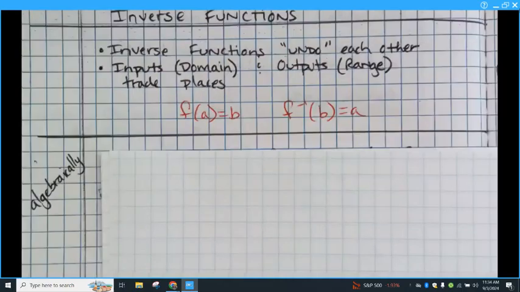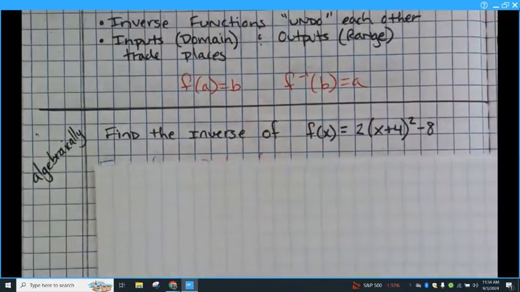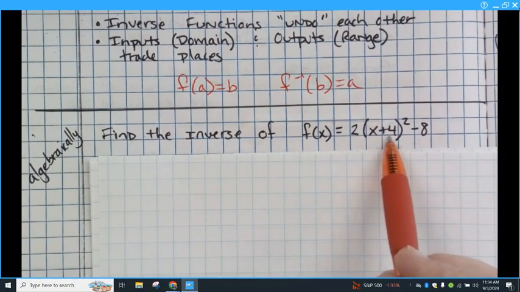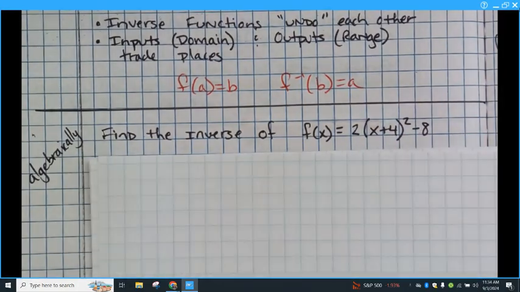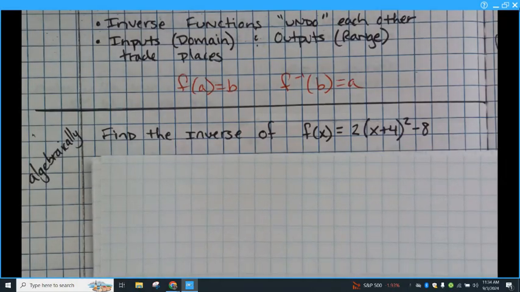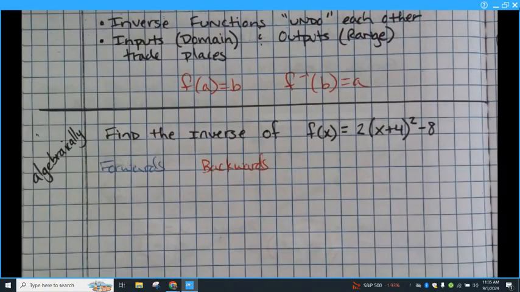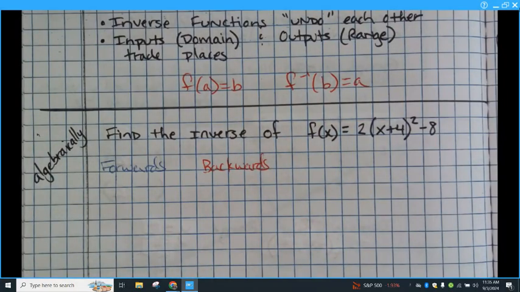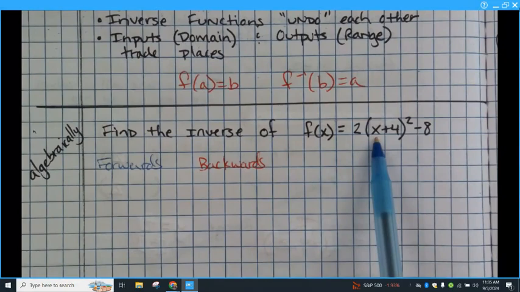So the first problem we're going to do, algebraically, is to find the inverse of f of x is equal to 2 times (x plus 4) squared minus 8. So the first way I'm going to do it is to do the forwards and backwards, writing the steps. So we're going to pretend I plug in a number.